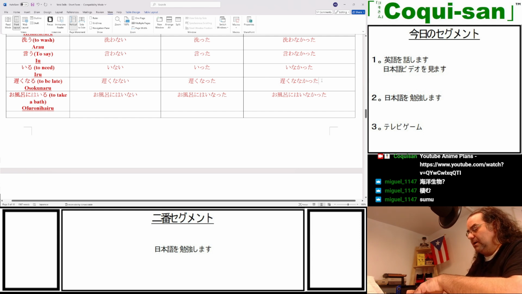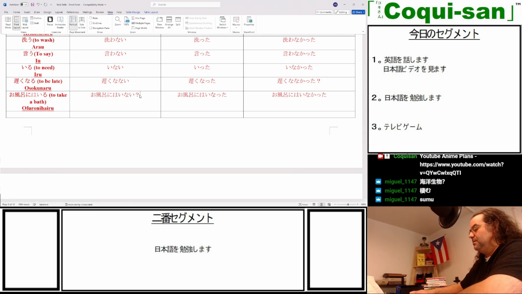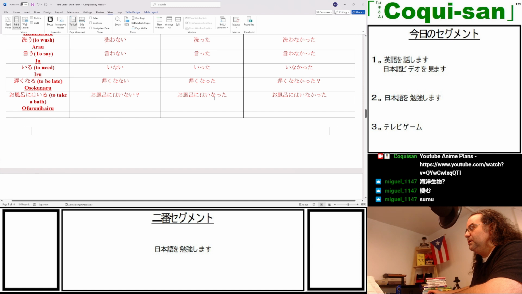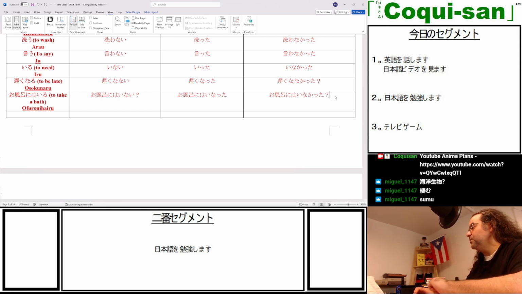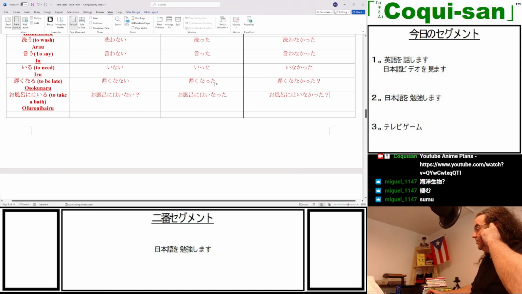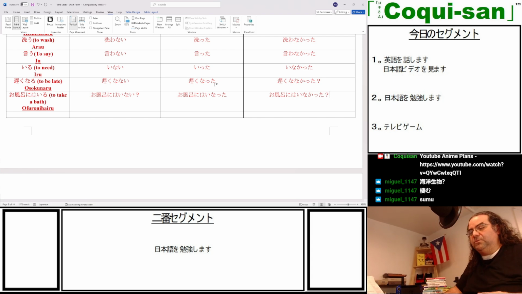I'll put a question mark on that. And ofuro ni hairu, to take a bath. Ofuro ni hainai. We'll put a question mark on that. Ofuro ni hainata, and ofuro ni hainakata. So those are the ones in question, these three. Hopefully they'll be correct. But yeah, these are our verbs for the week.